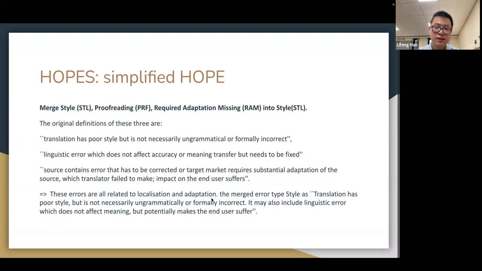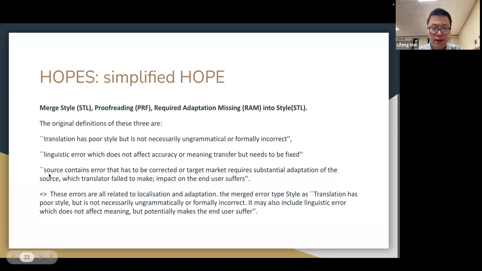Lastly, we merged the style and proofreading errors and required adaptation missing into style. The original definitions in HOPE for these 3 are: translation has poor style, but it's not necessarily ungrammatical or formally incorrect, for style error. Linguistic error, which does not affect accuracy or meaning transfer, but needs to be fixed, for proofreading.